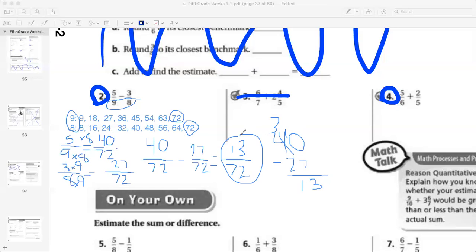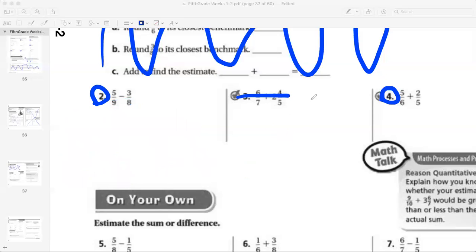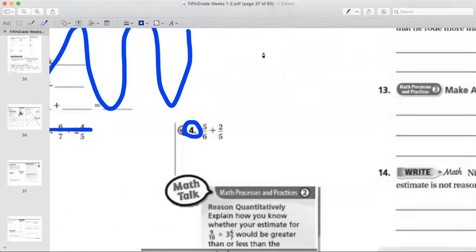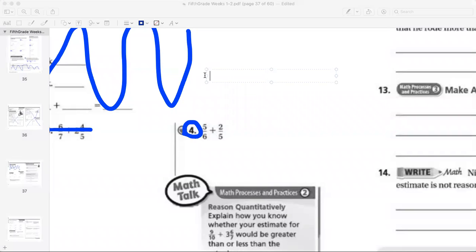That one's pretty tricky. All right, and then we're going to slide over to this one. And same thing, I'm going to type in our multiples. So our two denominators are 6 and 5. So we have 6, 12, 18, 24, 30, 36.